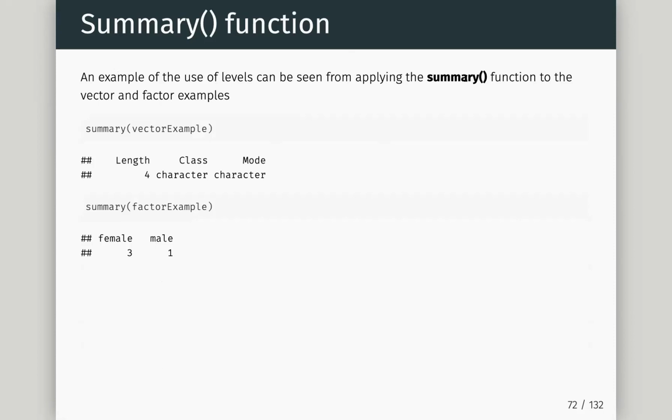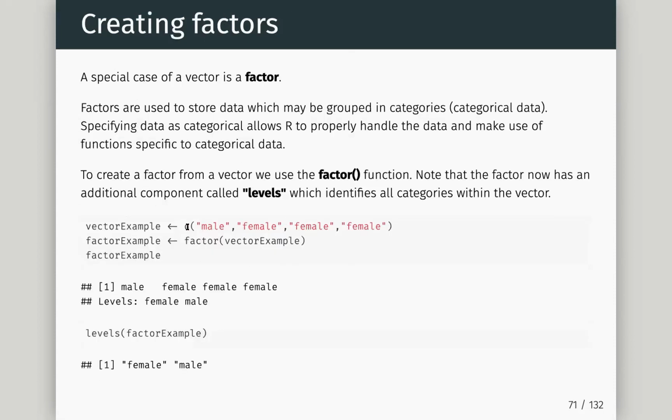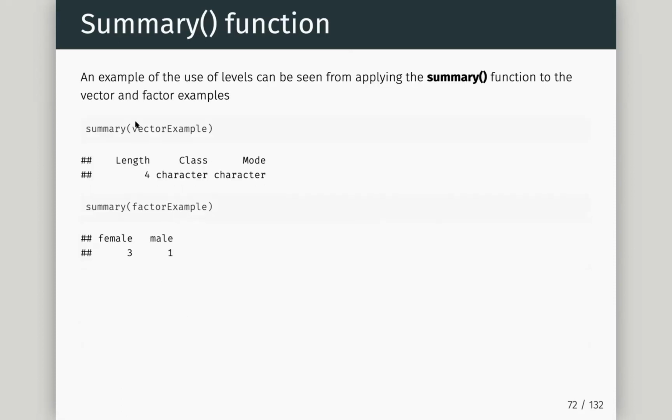This is the exact example I was showing. A nice feature of factors and their special nature compared to vectors is something like the summary function. In this slide, I created a vector, male, female, female, female, and then I turned that into a factor, so it contains the same information. If I do summary of that vector, it gives me some useful information still.